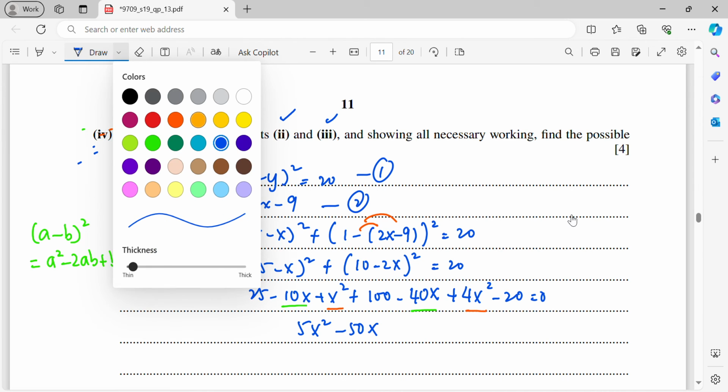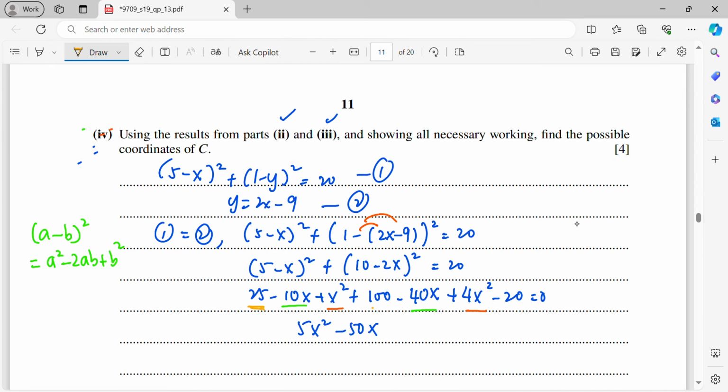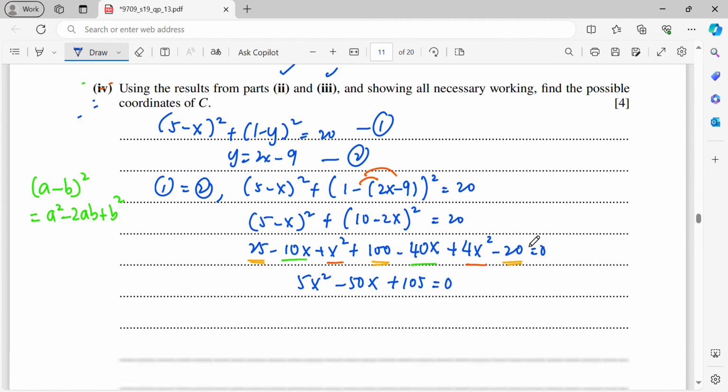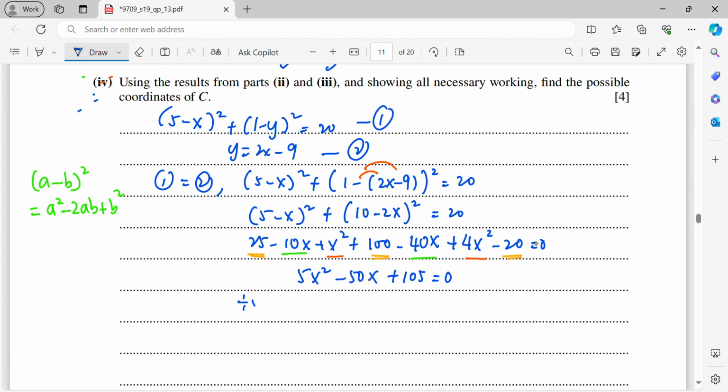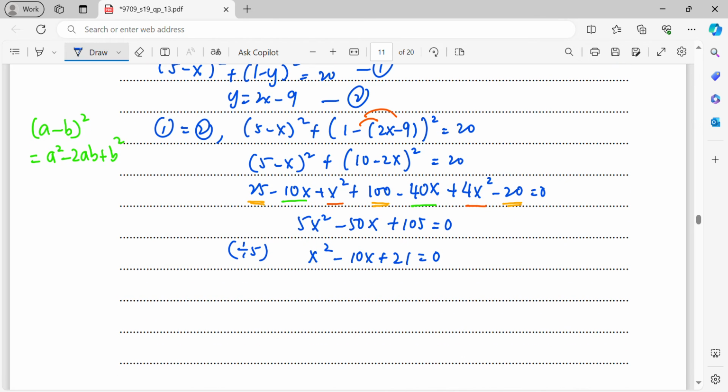Followed by 25 plus 100, so you get 125. 125 minus 20, that is 105. And now this whole equation can be divided by 5. So x squared minus 10x plus 21 equals 0. And now this quadratic equation can be factorized.